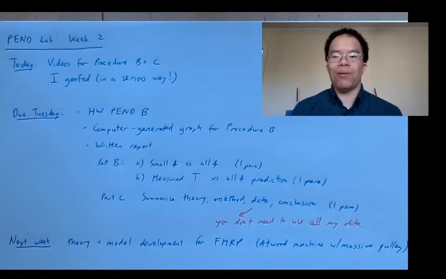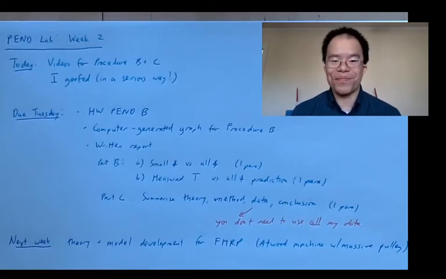If you really want to use something else like Python or MATLAB, I'm happy to provide guidance here, but my default assumption is that you'll be using Excel to make your graphs.